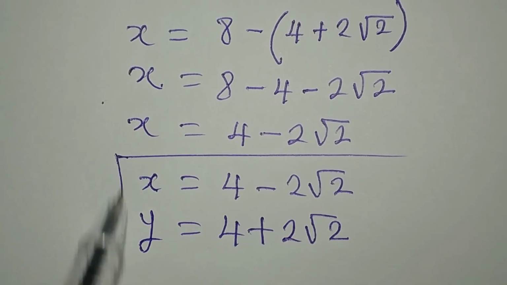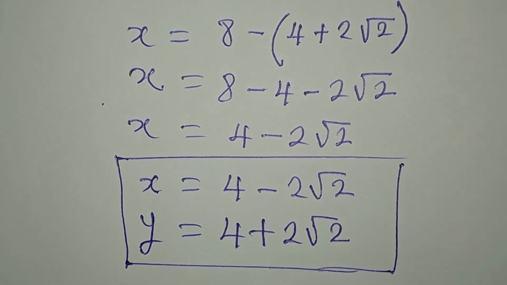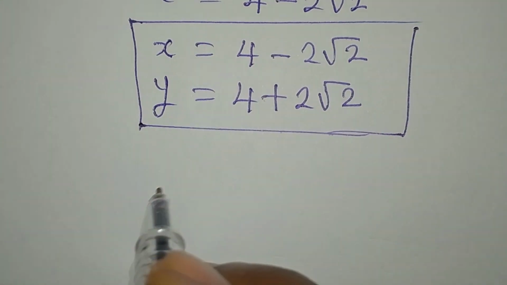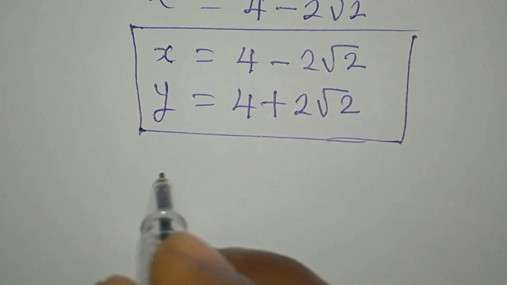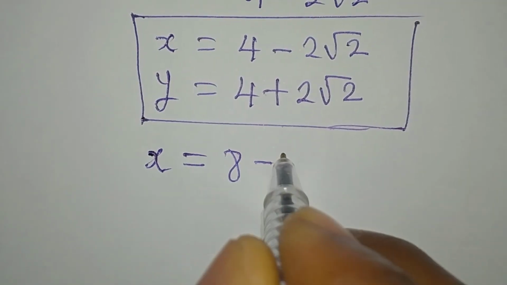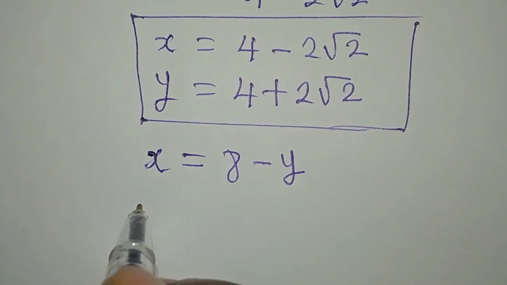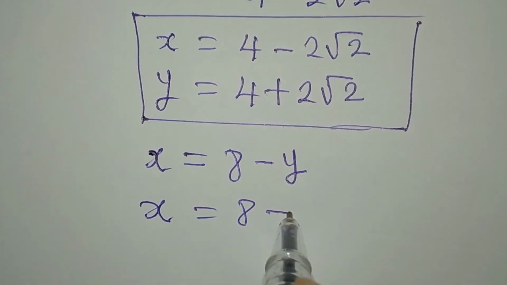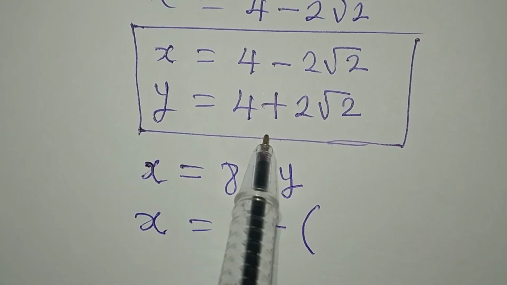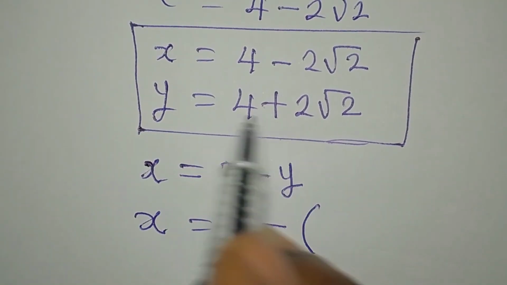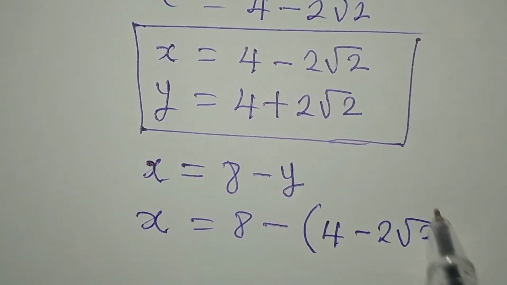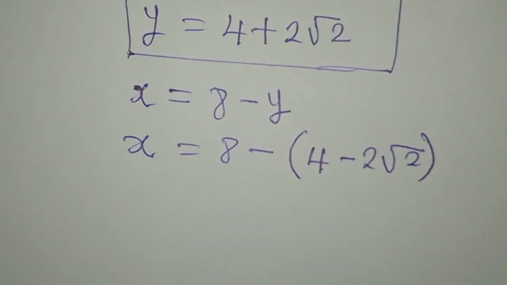So from here we have the value of x and y, but we need to get the other values of x and y. So we go back to x is still equal to 8 minus y. Now this time around, x is equal to 8 minus, open bracket. Okay, so this is the value of y I used before. Now we are using the negative one, so we have 4 negative 2 root 2.